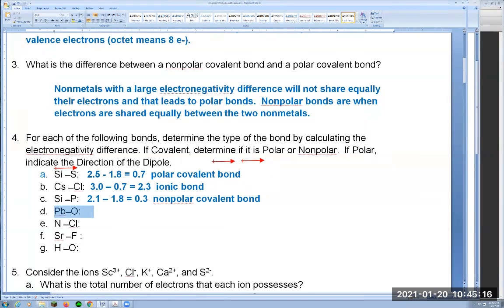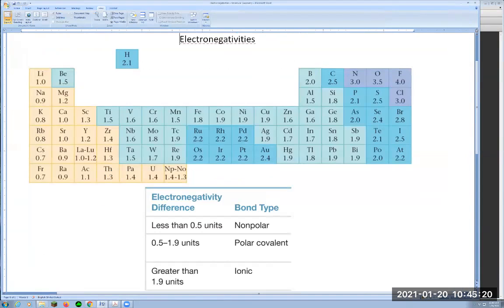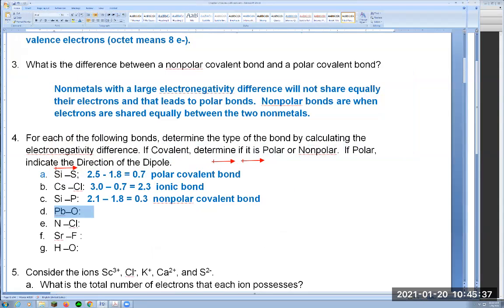So let's go back here to PbO. Pb is lead, O is oxygen. Pb has a value of 1.9. Oxygen has a value of 3.5. So we do 3.5 minus 1.9, and that's a difference of 1.6.